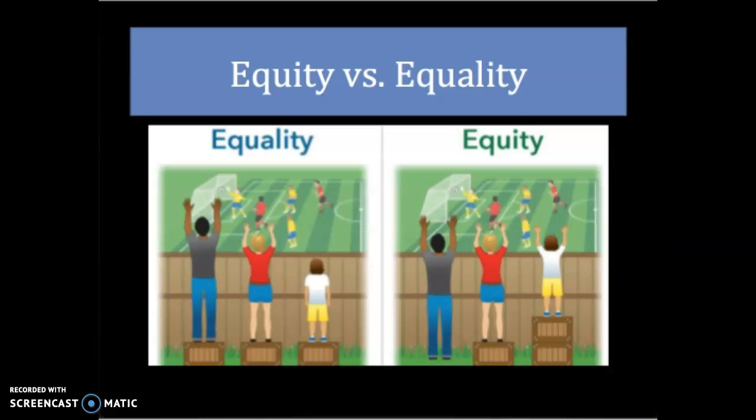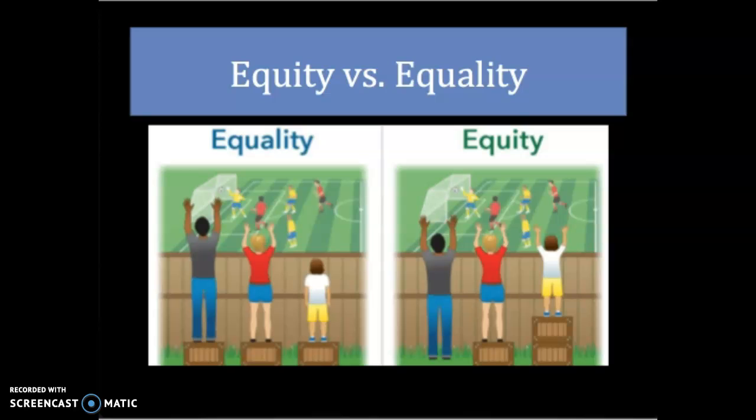So here we have a drawing commonly used in classrooms to communicate the difference between equality and equity. On the right, we see equity, which has 3 students, each able to see over the fence, but they need different forms of assistance in order to do so, to see the same thing.